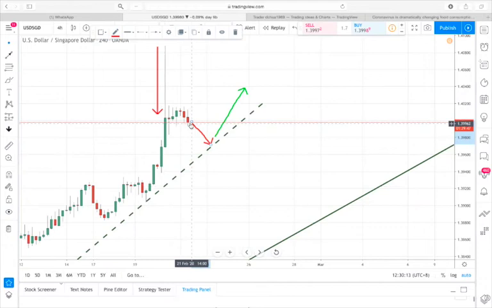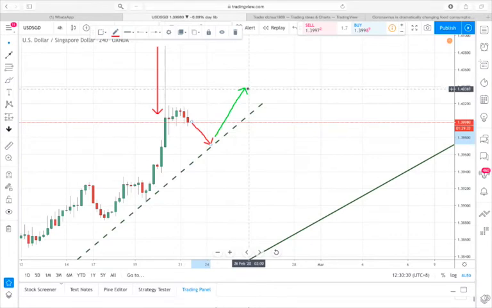So this is one possible scenario. It comes down to this inner trend line here. If it's still strong, if buyers are still present in the market, then you will see the price continue to go up from here.